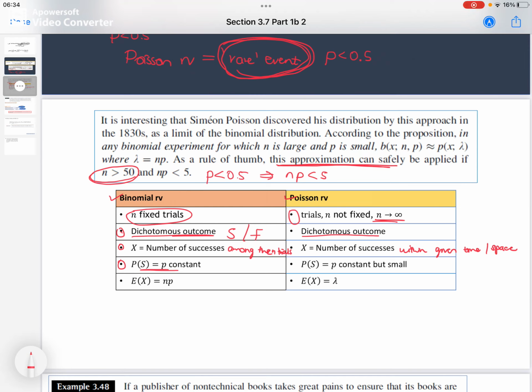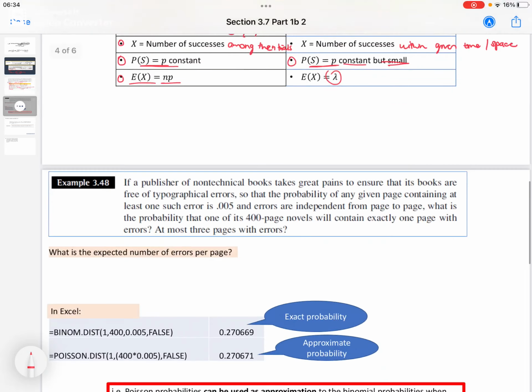With the Poisson random variable, the probability of observing a success is equal to p. We assume that it's also constant, but it would be small, since we have that assumption that a Poisson random variable in a way denotes some rare event. And then lastly, the expected value of a binomial random variable is equal to n times p, while with the Poisson random variable, the expected value is equal to lambda.